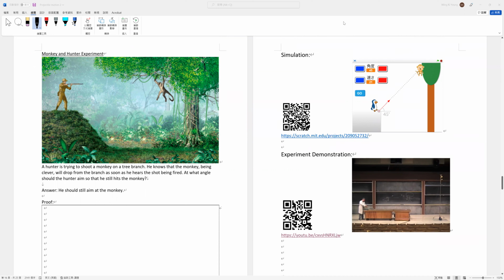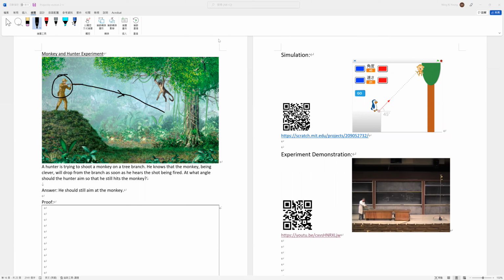Because you know that we consider the monkey as a point. Now you know that if the soldier initially points at the monkey, because of the projectile motion, the bullet should undergo the projectile motion, and it should not hit the monkey. Is it?